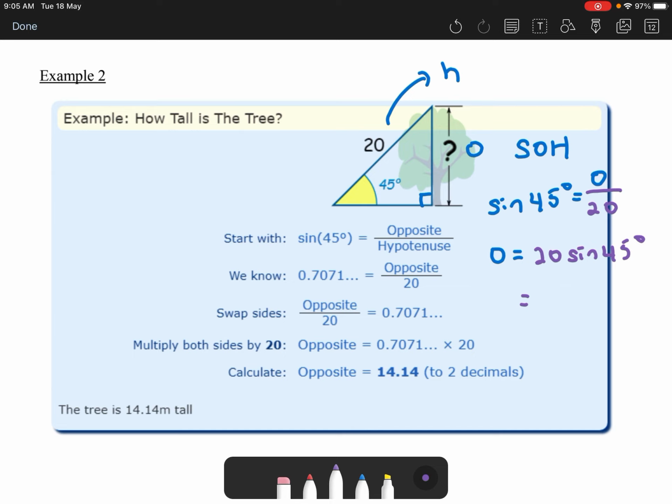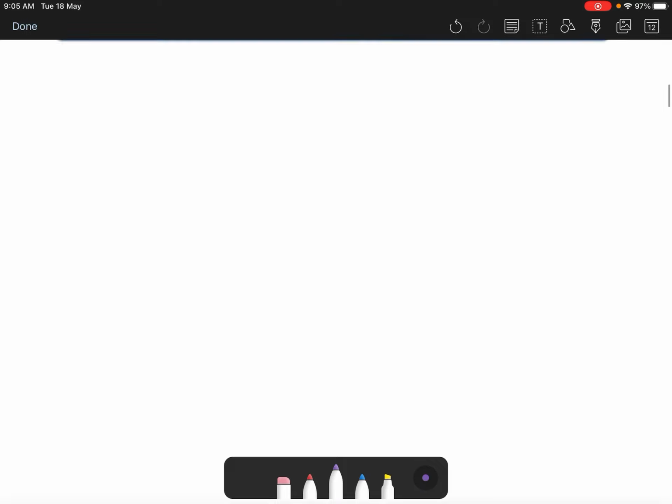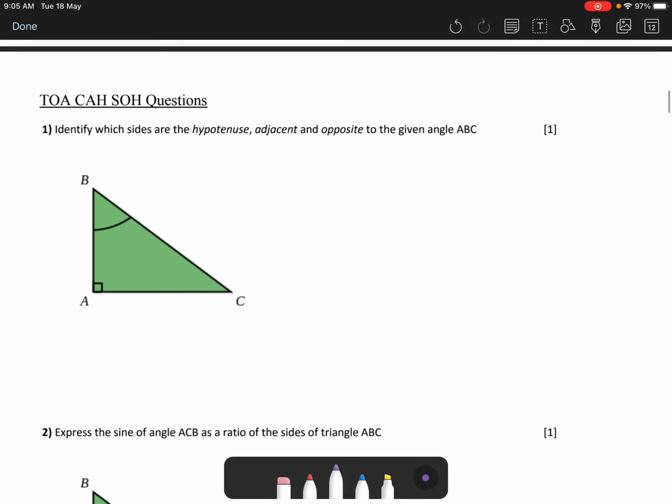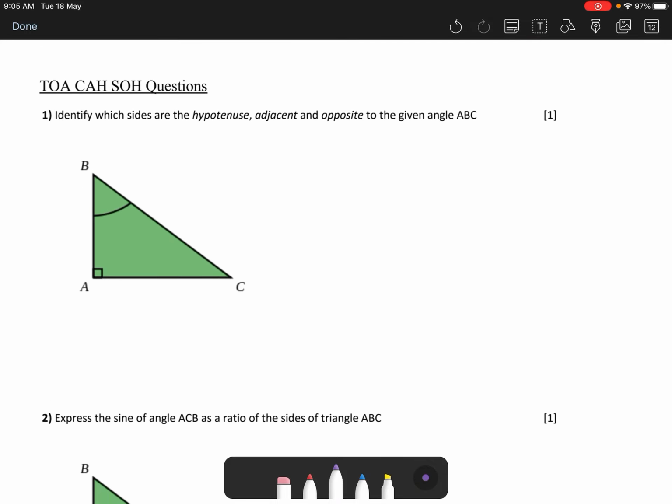You'll get about 14.14, or you round it off to 3 SF, 14.1 meter. So this is how you use TOA SOH. So spend some time to try the TOA SOH questions, and take a look at the solution after you have finished.